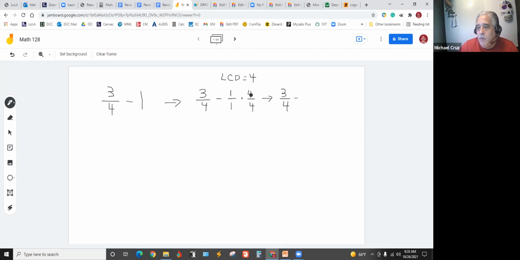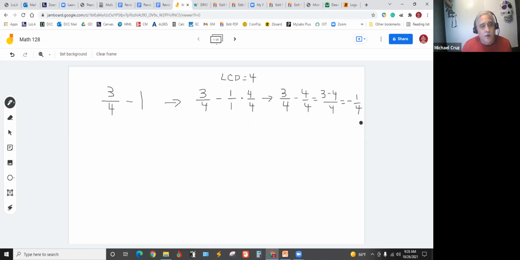And then 1 times 4 is 4 over 1 times 4 is 4. Now you'll see they both have the exact same denominator. So what can we do? Once they have the same denominator, you just do whatever operation is up there. It's 3 minus 4, which is negative 1/4.